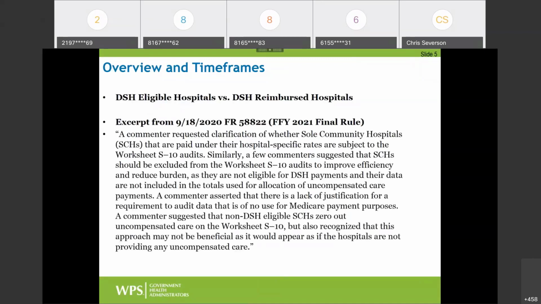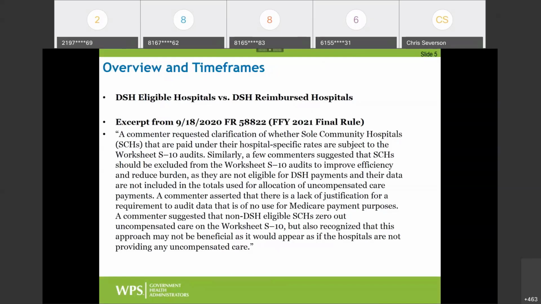Now, I do want to make a point here. When they use the term DISH eligible hospitals, at first glance, that's a little bit ambiguous, because you could argue one way that, hey, every acute care hospital could potentially be DISH eligible. And you could also go the other route and say, well, what about only those hospitals that are truly reimbursed DISH? Regardless of whether they're eligible, were they really reimbursed for DISH?